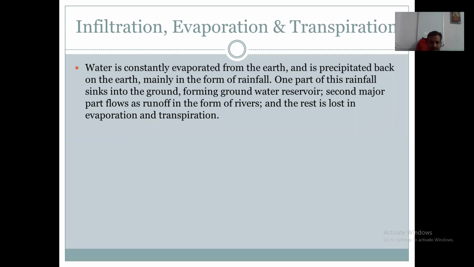And again after condensation, that water vapor comes back to the earth as precipitation, in the form of rainfall or snowfall, hail, sleet, etc. So this is the hydrologic cycle.